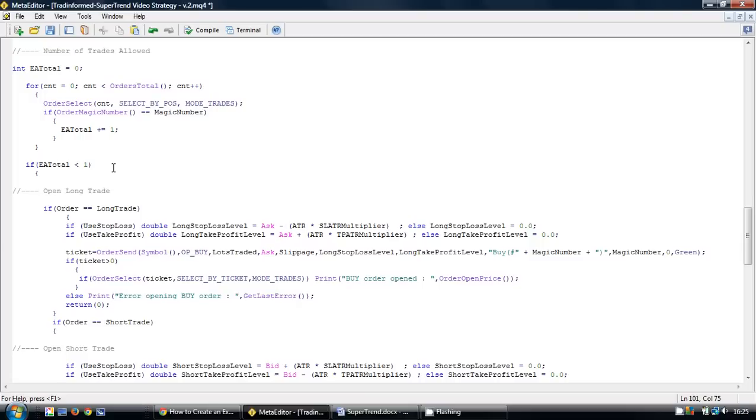We want to tell this expert advisor that it's only able to open one trade at a time, and we're going to do this first of all by counting, using this information here, the number of trades by a magic number, our unique identifying number, and then finally we're going to set the information here to make sure that the number of trades is less than 1, in other words it's 0.